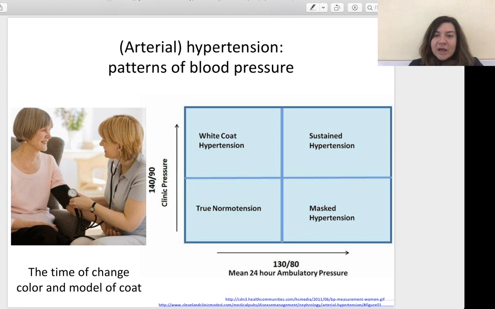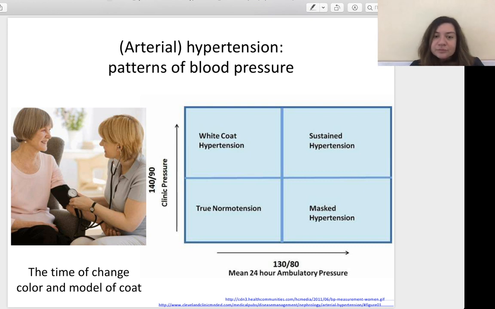And here you see a very simple but useful scheme of how to interpret the result of office blood pressure, or clinic pressure. Is it lower than 140/90 or higher? And the mean 24-hour ambulatory blood pressure, mean blood pressure during all 24 hours. Here we take the normal 130/80, is it lower or higher?